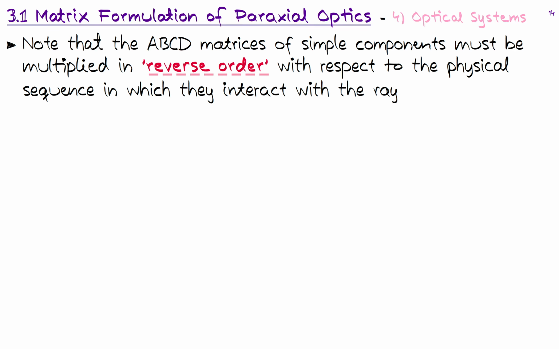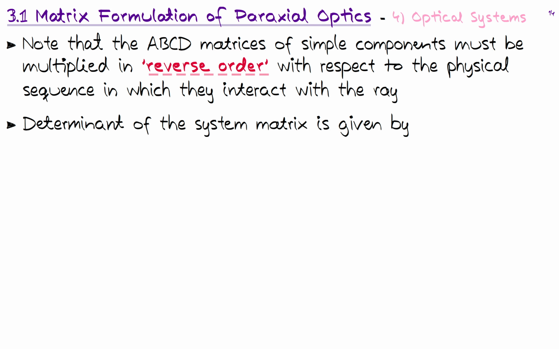So this reverse order is exactly following the physical understanding of how the rays propagate. So in that respect, there's nothing weird, but just be careful that you understand in which order you multiply the input ray with the matrices, so that you don't end up writing the total matrix in the wrong order, because when multiplying matrices, the order of multiplication really matters.